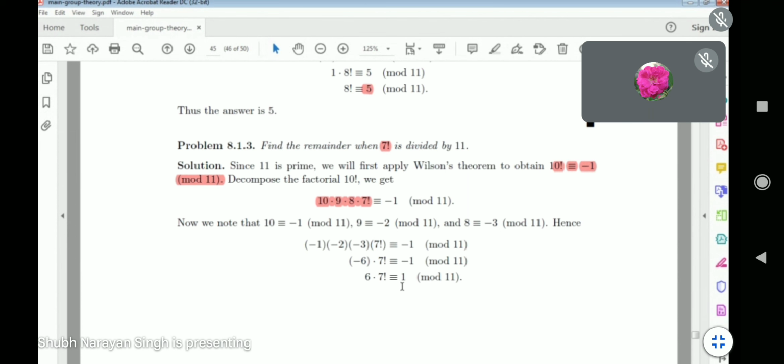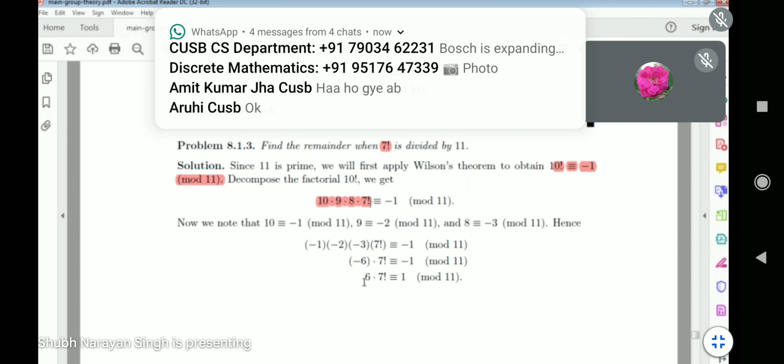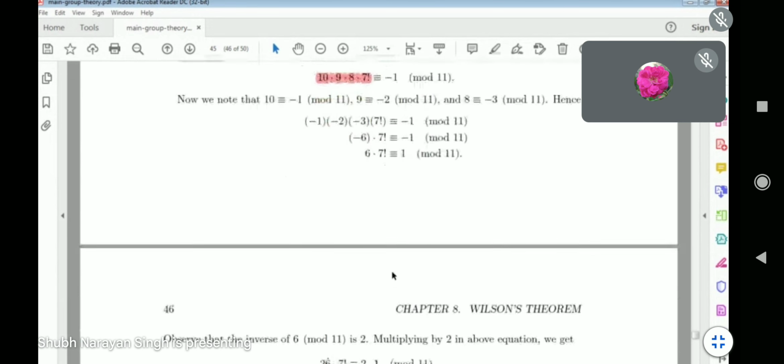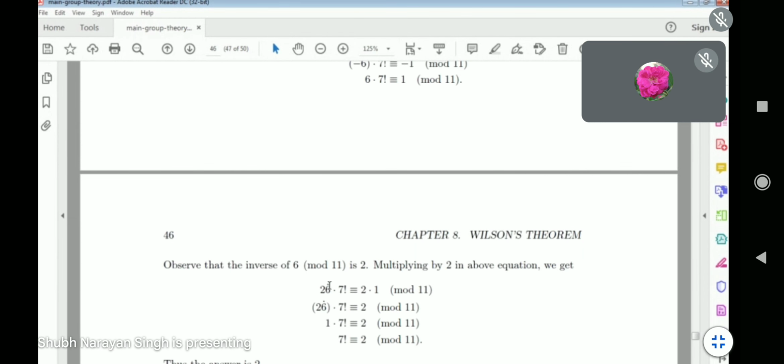Now we have to remove this 6 from the left side. That's why we multiply with the inverse of 6 modulo 11. What is the inverse of 6 modulo 11? 2. Just multiply by 2 on both sides, then you get 2 into 6, sorry, same mistake here, it is 2 into 6 on both sides. 2 into 6 is 12, and 12 is the same as 1 in the modulo 11 system.